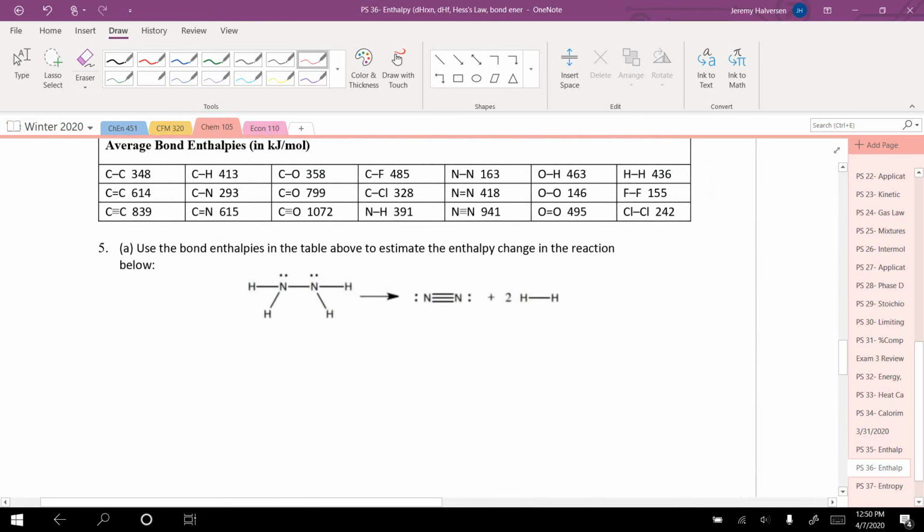So let me write here, delta H of reaction equals the sum of the enthalpies of the bonds broken minus the sum of the enthalpies of the bonds formed. So the delta H reaction is going to be broken. What's breaking? Breaking NH, NH, NH, NH. So I've got 4 NHs, which are each 391. I'm also breaking an NN, which is 163.